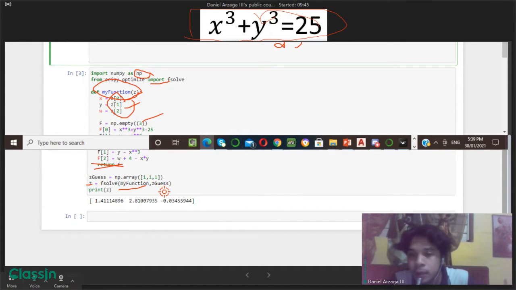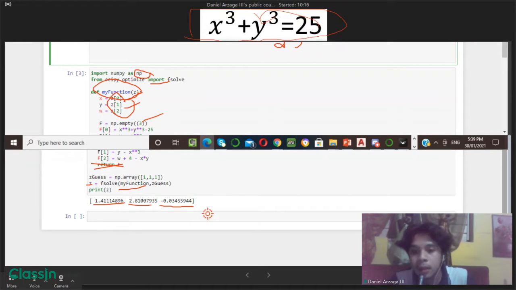Tapos yun, diba? After zguess, after nyan is i-type mo is code mo na print open parenthesis z close parenthesis. So, ang sagot dito ay tatlo. Ito yung 1.41114896 tapos 2.81007935 and plus is negative 0.02 3,455,9,544.